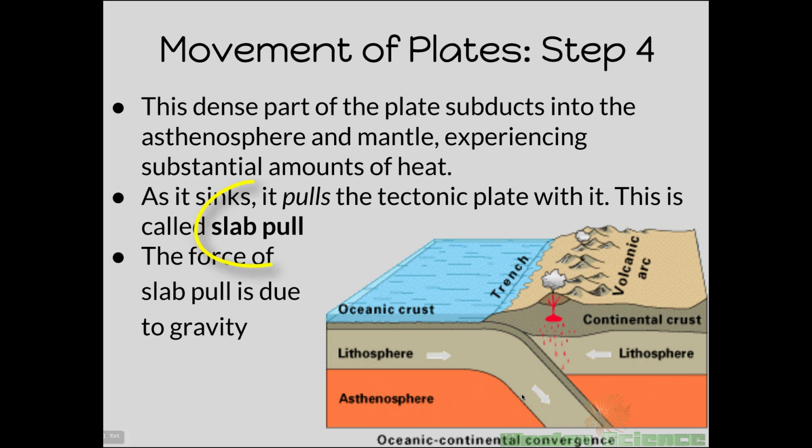This is called slab pull. The force of slab pull is due to gravity. This oldest, thickest, and most dense part of the plate has literally fallen into the mantle. It's subducting into the mantle, and the rest of the plate is getting pulled down with it.